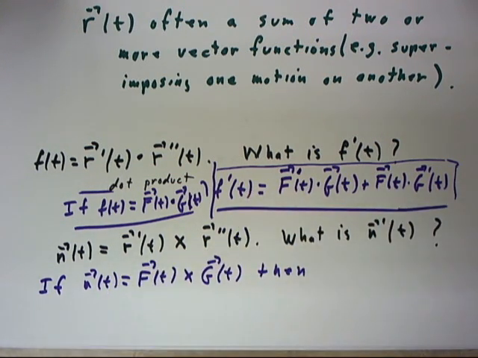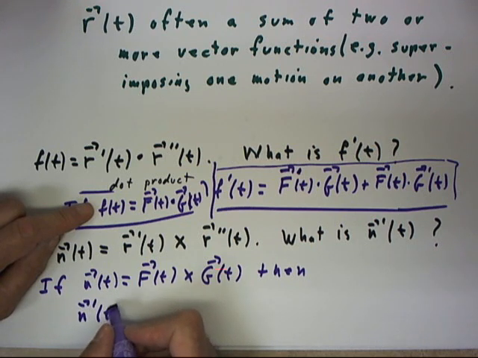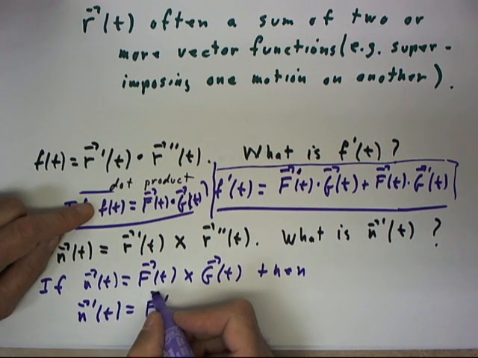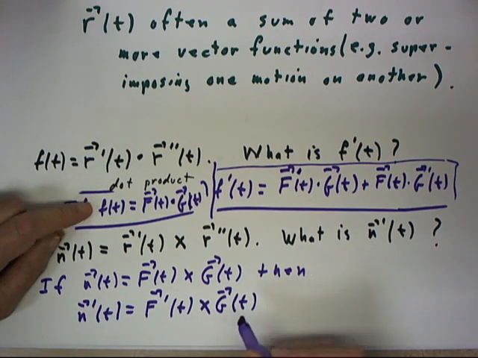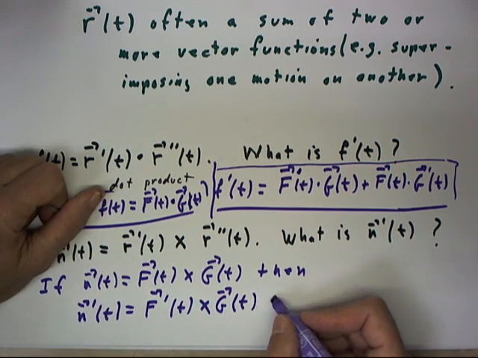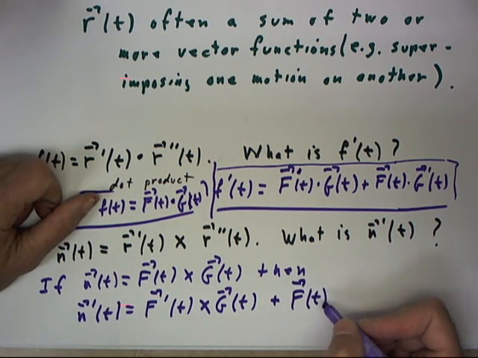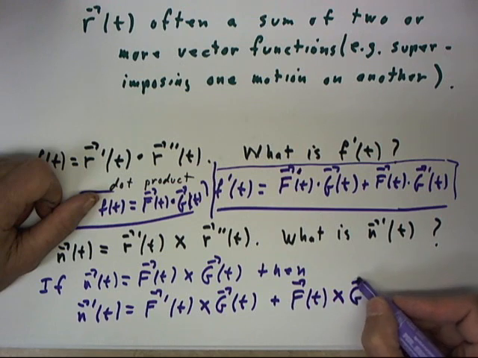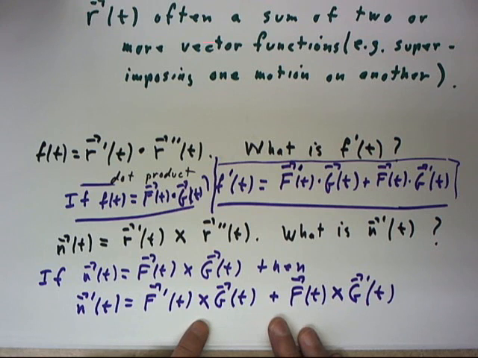If the product rule holds, a rule similar to the product rule, then we would expect that n prime of t is F prime of t cross G of t, not times G of t, but cross. You can't just multiply two vector functions. You think about that, you see why, and then plus F of t cross G prime of t. So again, we have something very much like a product rule for the cross product of two vectors.